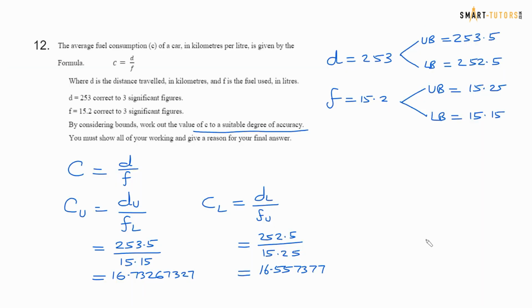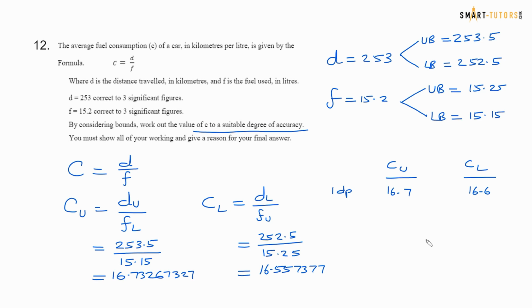Right, now let's do the same thing as what we did for the previous question. So what we are going to do is C upper and C lower. If I approximate to 1 dp, the upper is going to be 16.7 and this is going to be 16.6. So the answer is different.